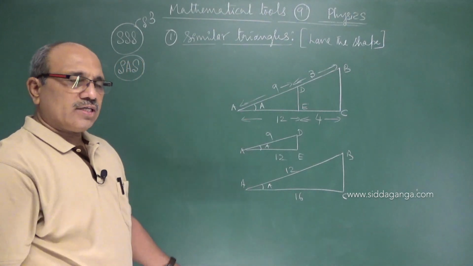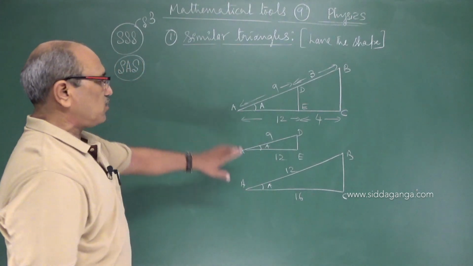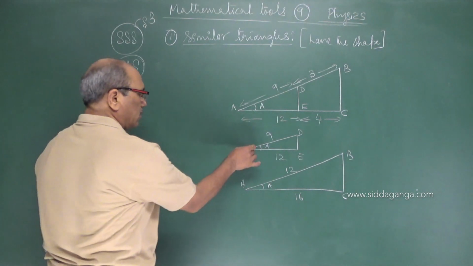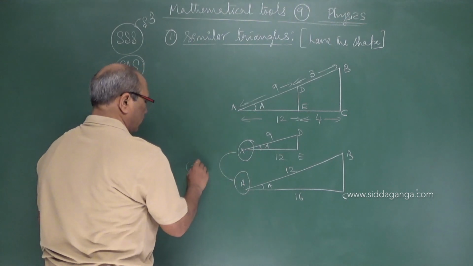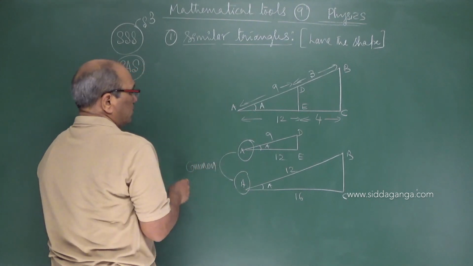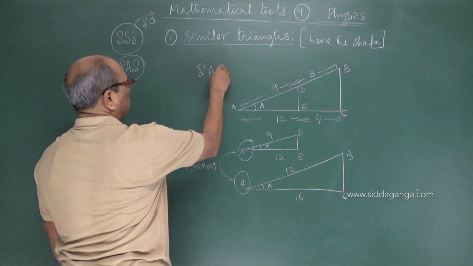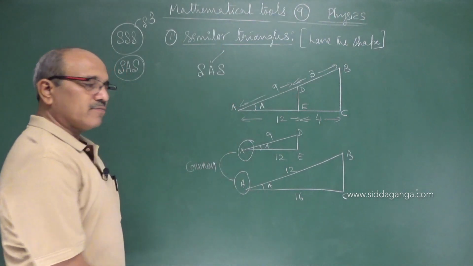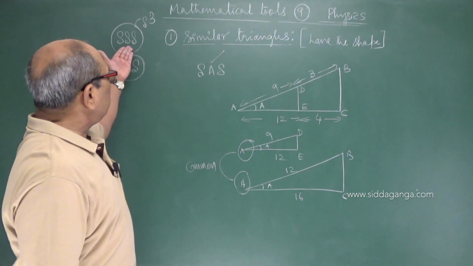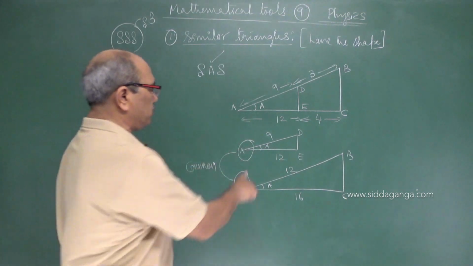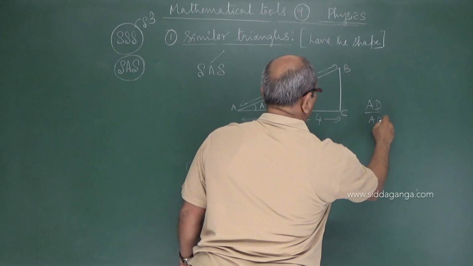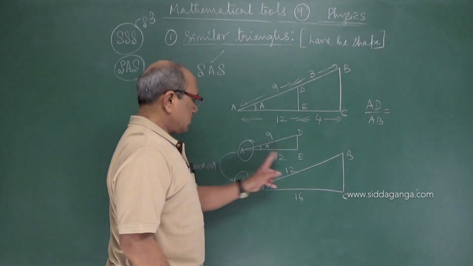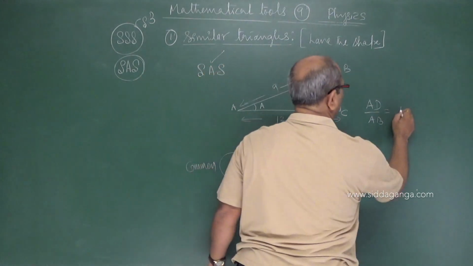In the case of the SAS property, side angle side, you observe this angle A is common for both. That is, in SAS you see one angle the same. And as previously we took side ratios, AD by AB must be equal to AE by AC.